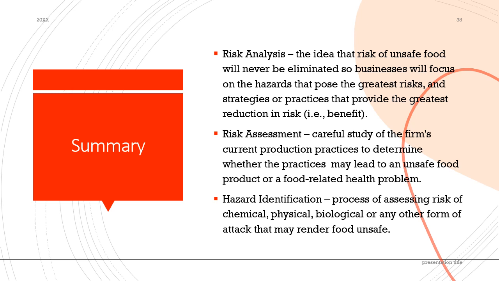We can summarize all the parts that I talked about. We begin with the risk analysis process. The idea is that the risk of unsafe food will never be eliminated, so businesses will focus on the hazards that pose the greatest risk and strategies or practices that provide the greatest reduction in risk.